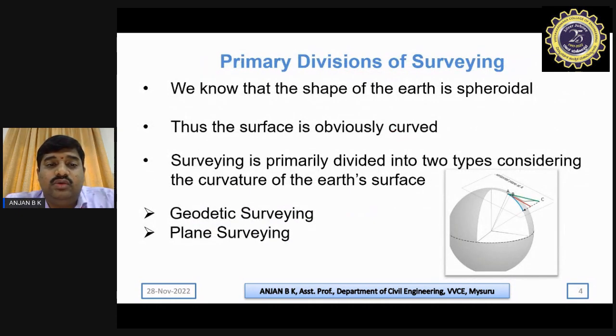Basically, there are two divisions primarily. One is geodetic surveying, another one is called plane surveying. Geodetic surveying means we consider the curvature of the earth. Plane surveying is where we consider the earth is flat, and the curvature is neglected.